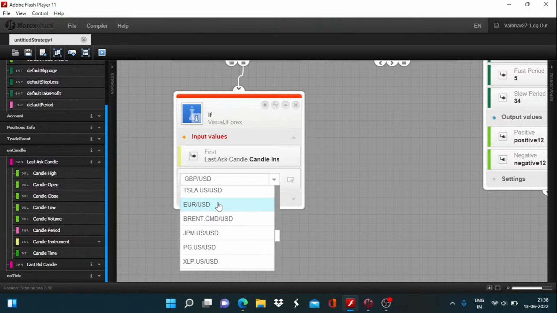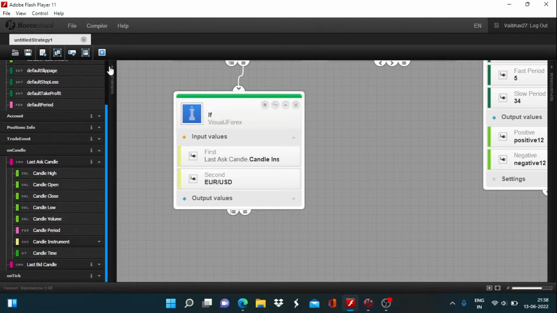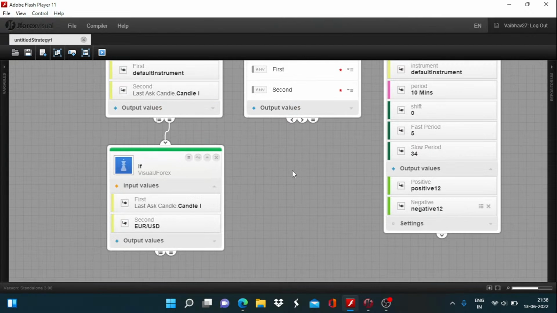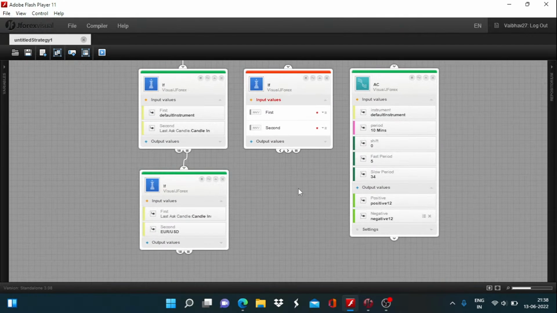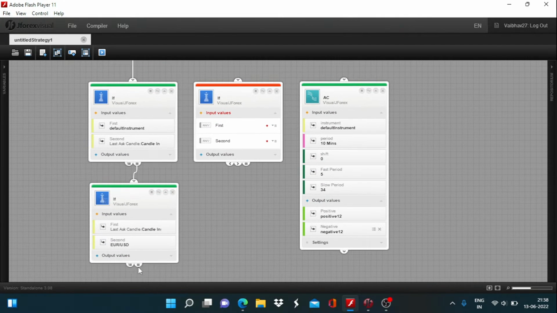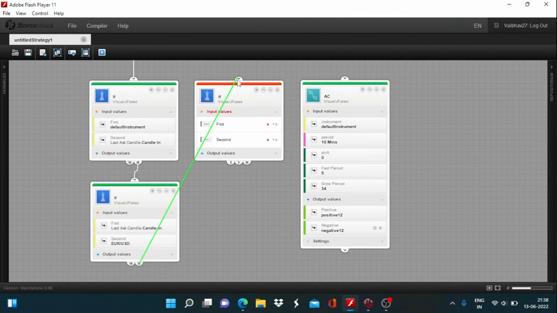Okay, here is the Euro USD. Again, the first input needs to be equal to the second input.